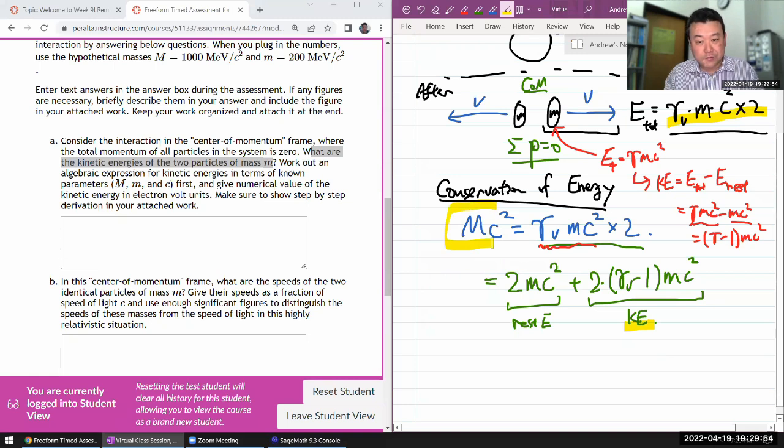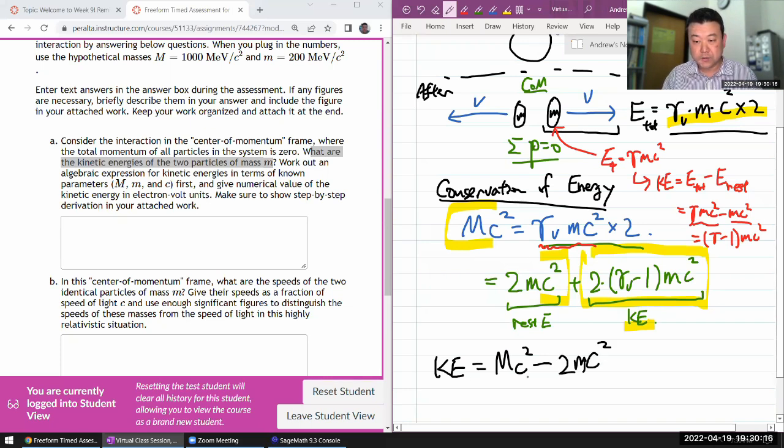So I can just look at the remainder, this here that I know, in terms of all the parameters there. So I can just solve for this kinetic energy, saying that kinetic energy piece is equal to the original left-hand side, Mc squared, minus the rest energy, moving this over to mc squared. So this would be the total kinetic energy.